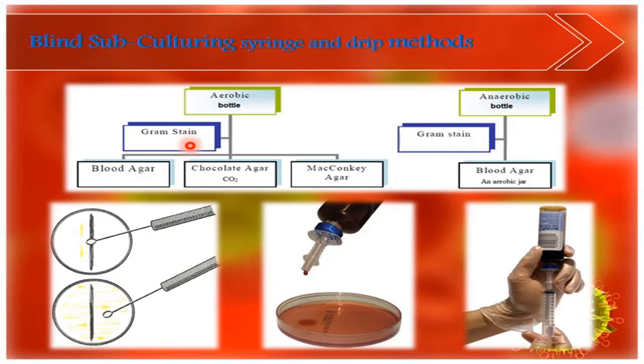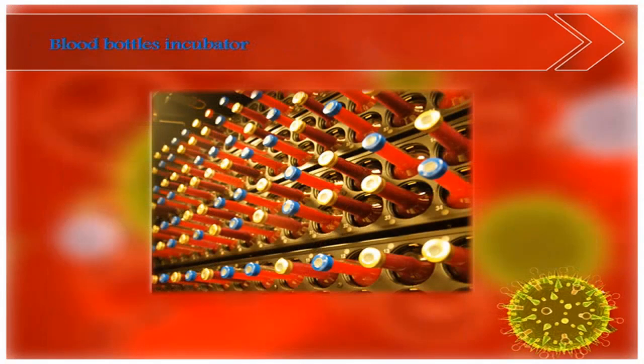After that, blood from the aerobic bottle will be inoculated into blood agar and chocolate MacConkey agar, and in anaerobic it is inoculated into the blood agar. Okay. These are the incubators for blood culture.